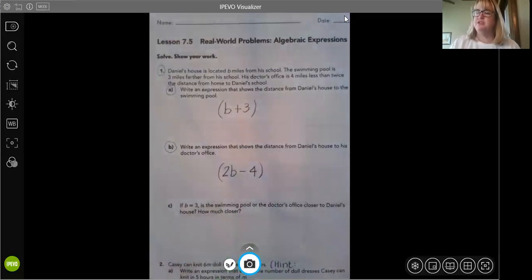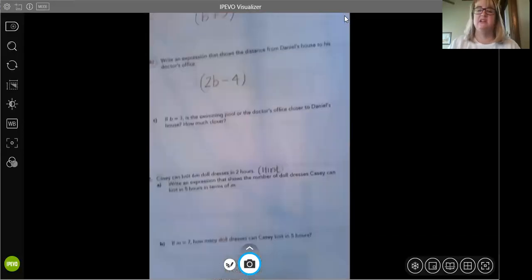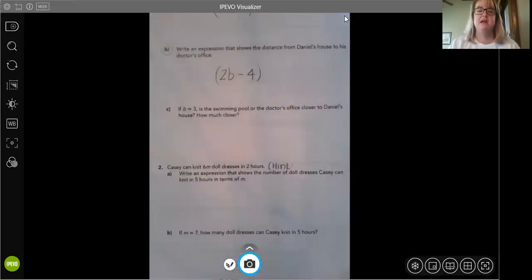We're not going to do number 2 together, but I do want to give you a little hint about number 2. Number 2 says, Casey can knit 6M doll dresses in 2 hours. The hint I wanted to give you is it gives us this rate, 6M dresses in 2 hours. But it really helps us, instead of knowing how many she knits in 2 hours, to know how many she knits in 1 hour.